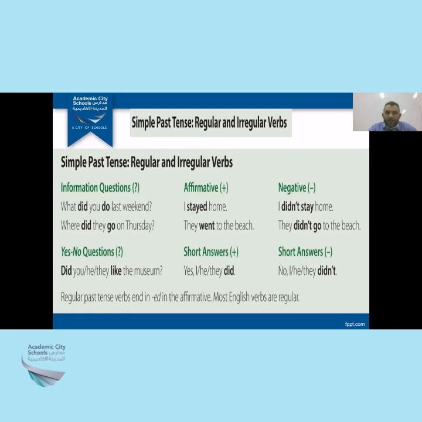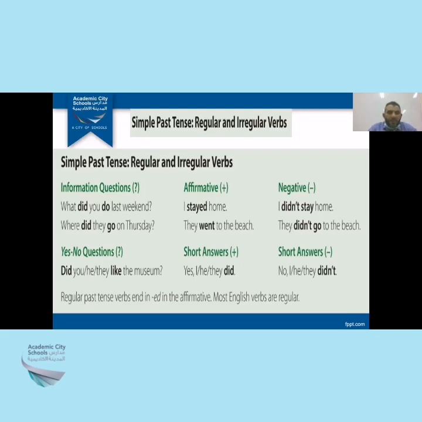So go is an irregular verb, and the verb two of go is went. The negative: they didn't go, using didn't to form a negative.